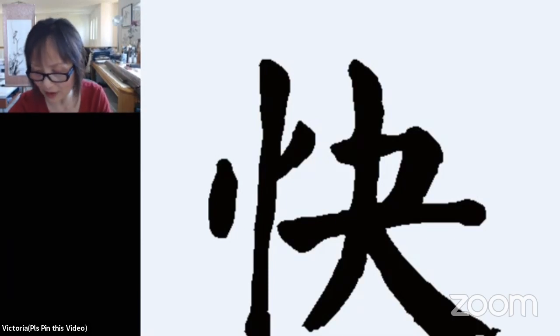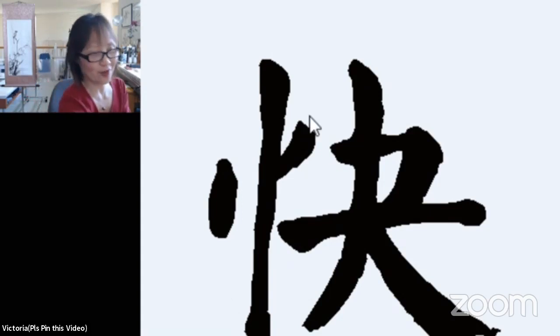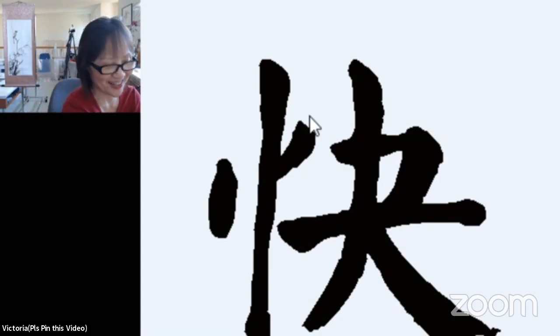For this happy character, we have the radical on the left part. This radical is heart. So happy is from the heart. That's the meaning of this character. And the other meaning, I said on the handout as well, is quick or fast.